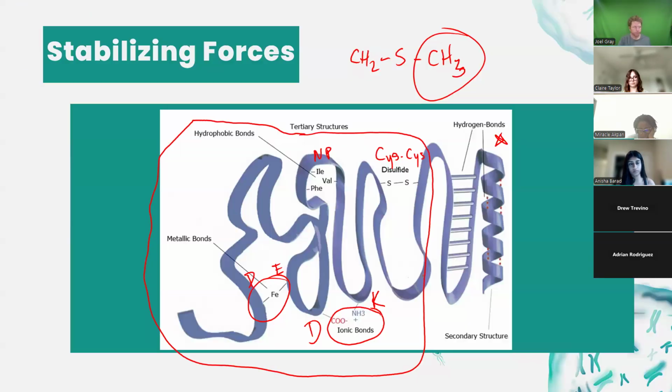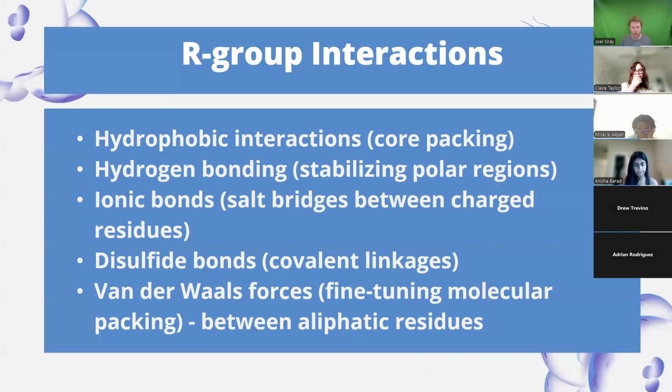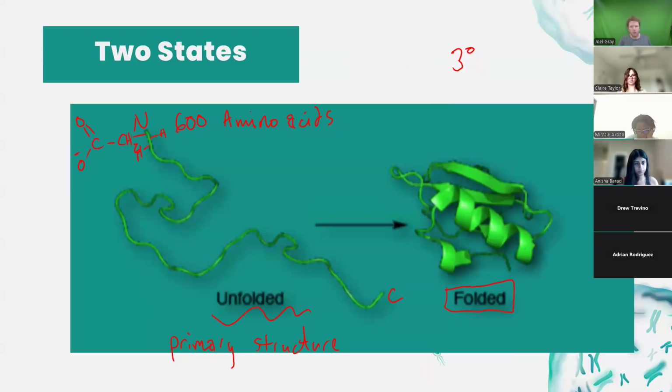Hydrophobic interactions, these up here in the middle, your nonpolar residues, despite being kind of weak interactions, are so angrily against water that they pack super well together. Typically, hydrophobic interactions are going to stabilize the core of a protein, in the middle of a tertiary structure.